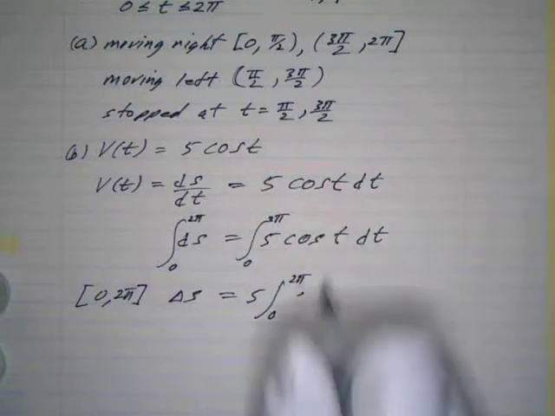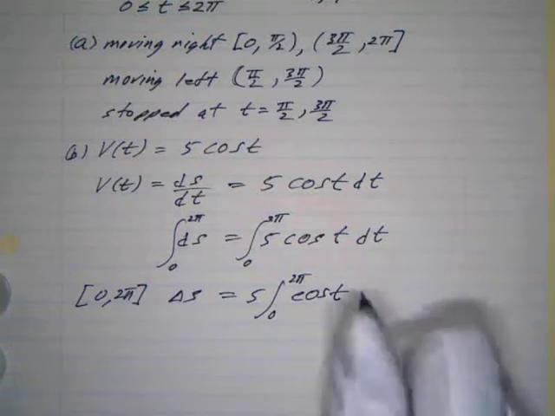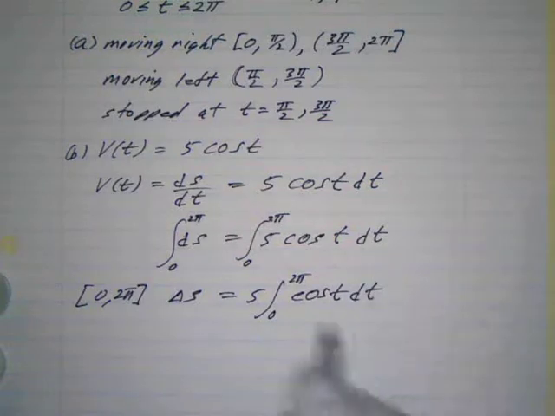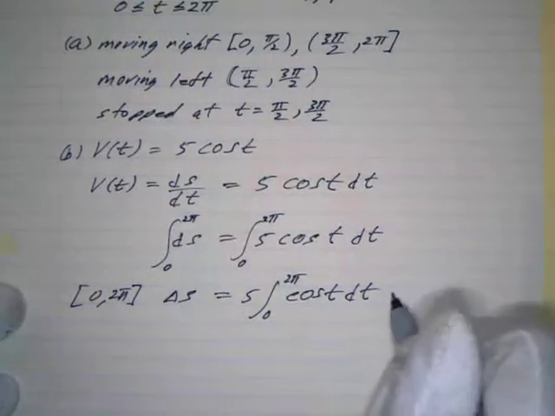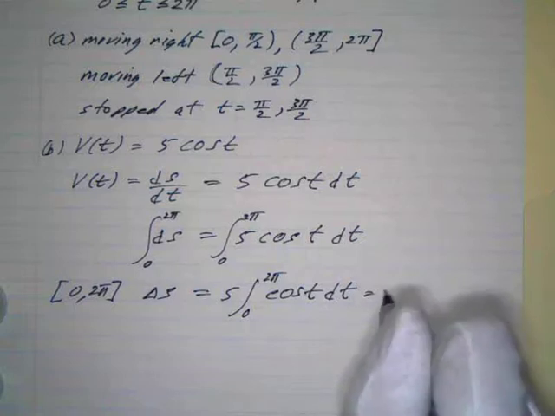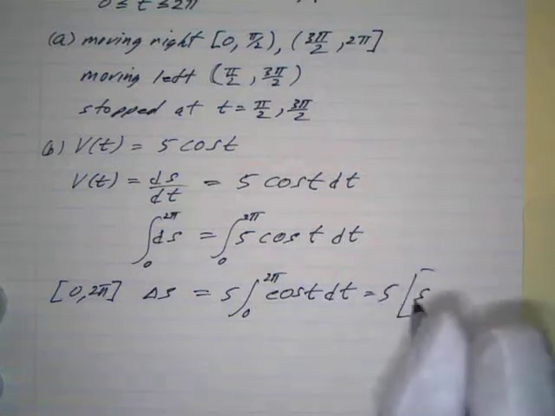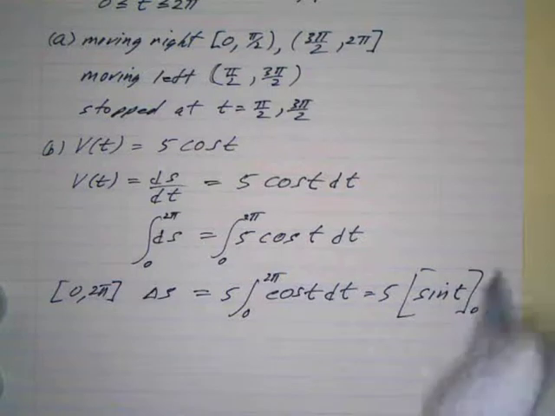Then we integrate: 5 cosine t dt, and this is all set up. The antiderivative of the cosine is the sine, so that's just going to end up being 5 times the sine of t from 0 to 2 pi.